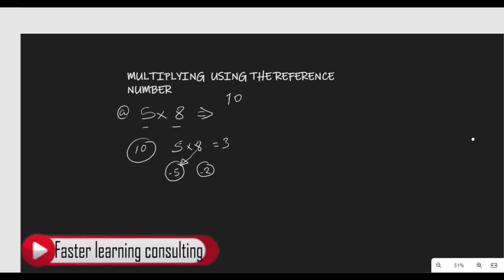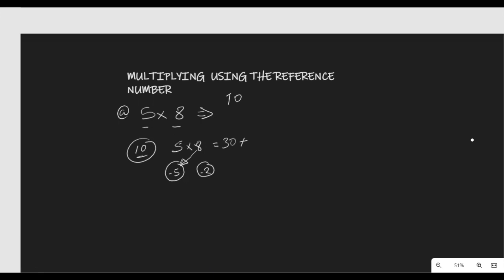So this 3 is what you multiply by the 10 that we have here, so that it's 30. And then you want to add the product of -5 multiplied by -2, which gives you 10. So if you add the two, 30 plus 10 gives you 40, and that one becomes our answer.